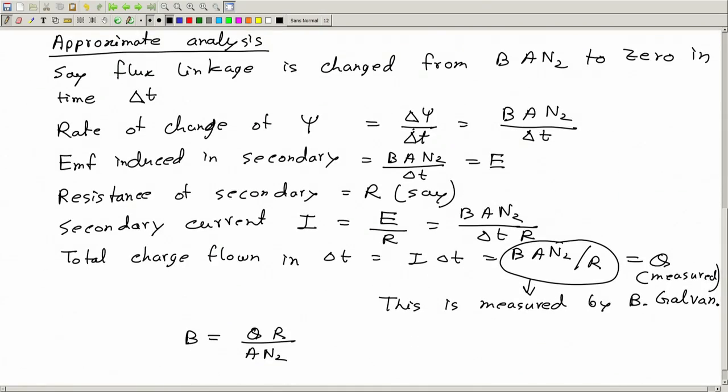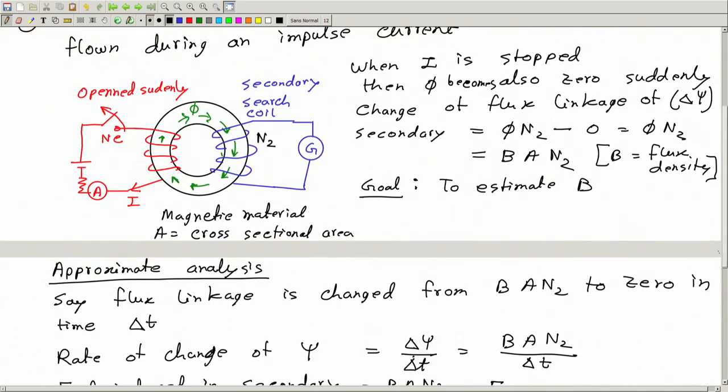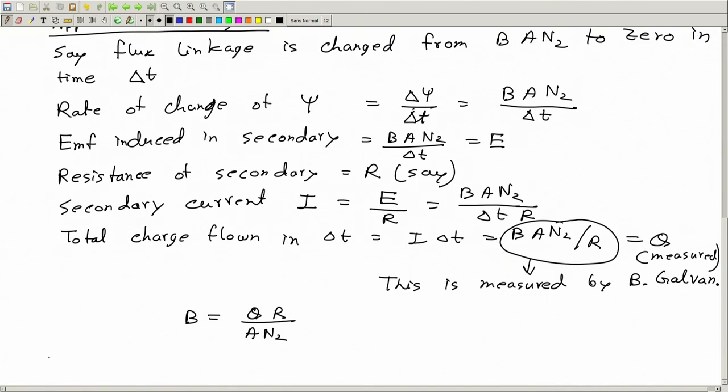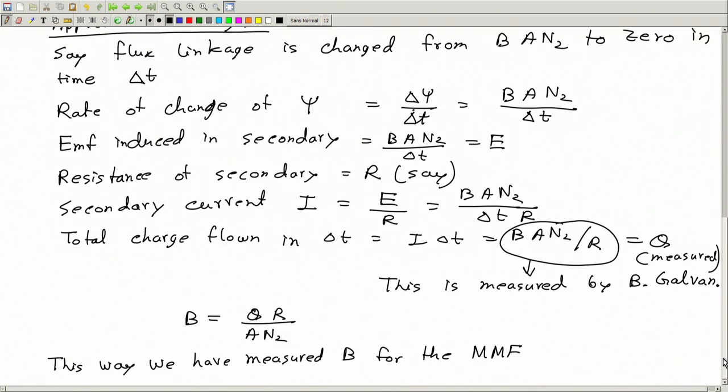So, this way we can estimate B for a particular value of this primary current I. So, this way we have measured B for the MMF produced by the primary current.